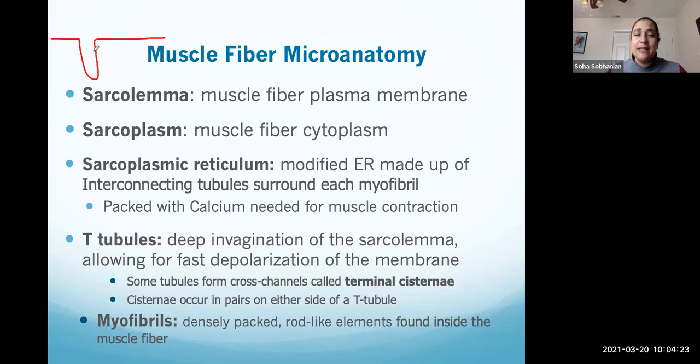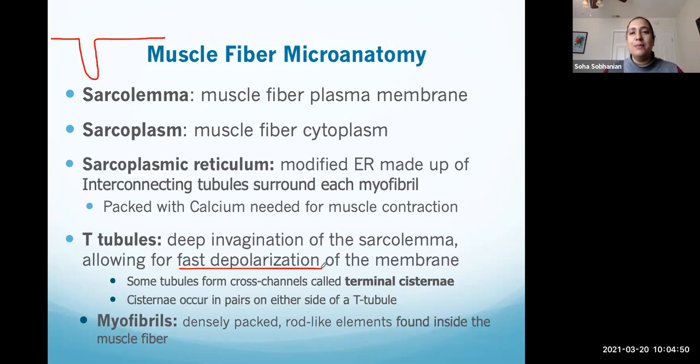It is essential for fast depolarization. Another way of putting this is that it allows the electrical impulse, which you'll learn about in just a few minutes, to spread through your muscle fiber very rapidly.